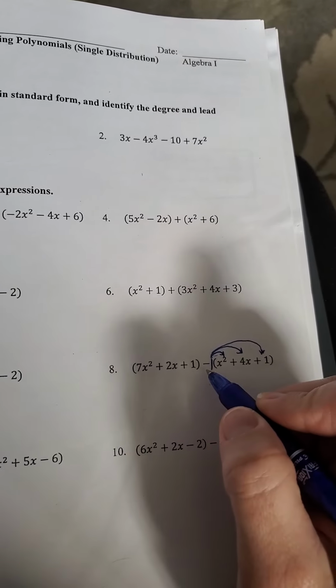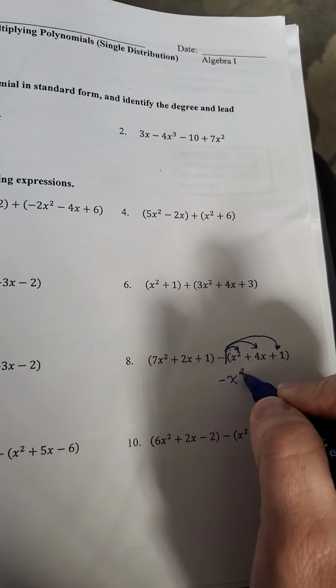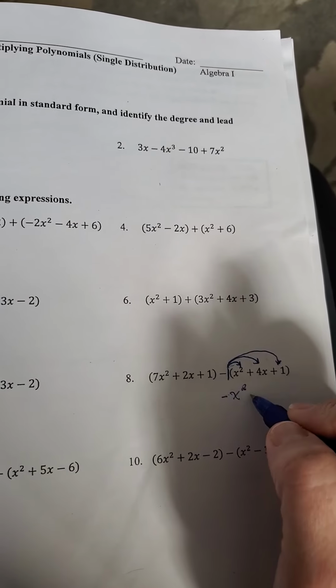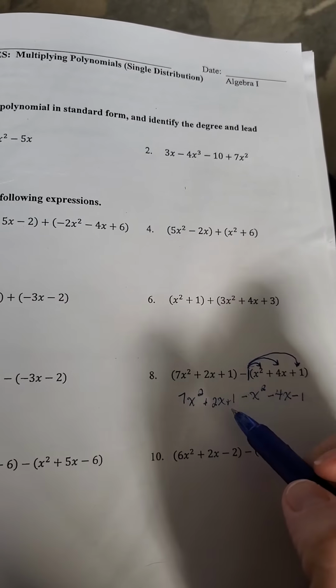So when we do that, -1 times x squared gives us negative x squared. -1 times 4x becomes -4x. And -1 times +1 is -1. So you bring down the rest, and then we simply combine like terms.